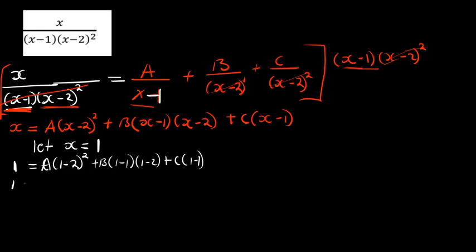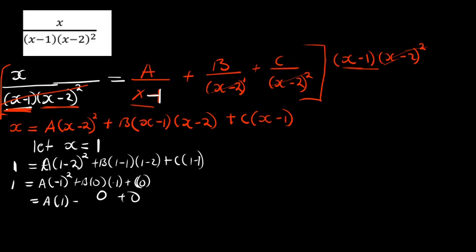So I'll have 1 equal to a times (1 minus 2), the answer is negative 1. It says square, so remember, plus here will be 0, then negative 1 squared, meaning the answer is 1.